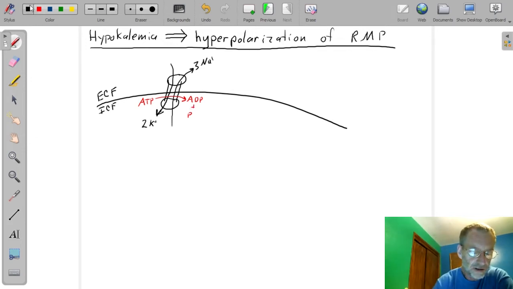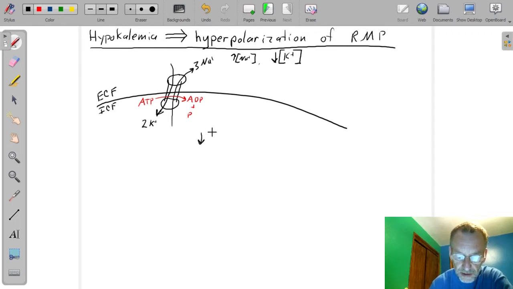And if you want to just review again, it's high sodium outside and low potassium outside. And just the reverse inside. Low sodium, high potassium. You don't have to draw this if you remember it clearly.